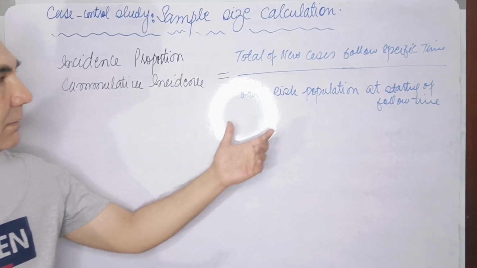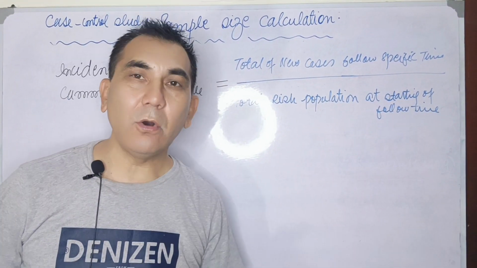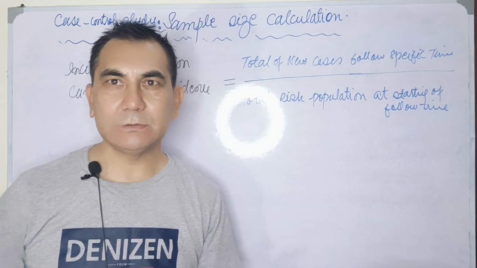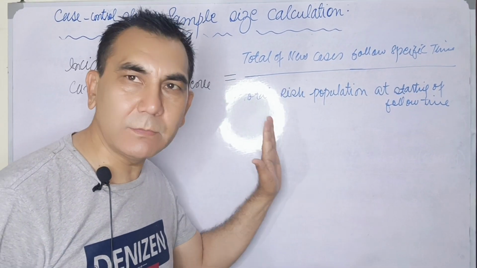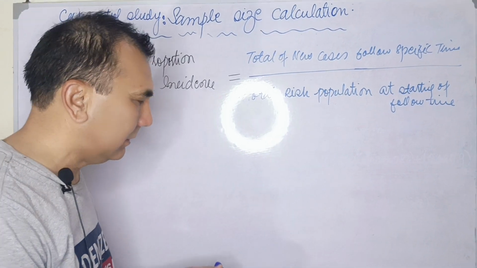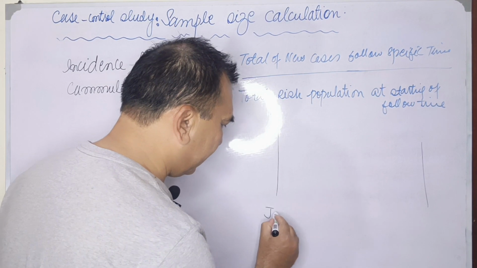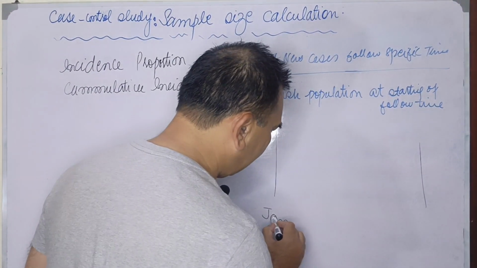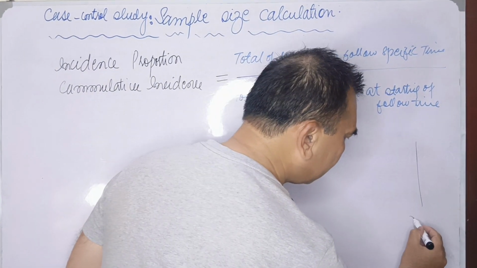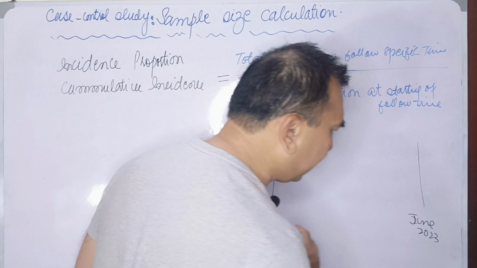The total risk population at the starting of the follow-up time period, when you start to follow up from that specific time, suppose from January 2023 to June 2023.